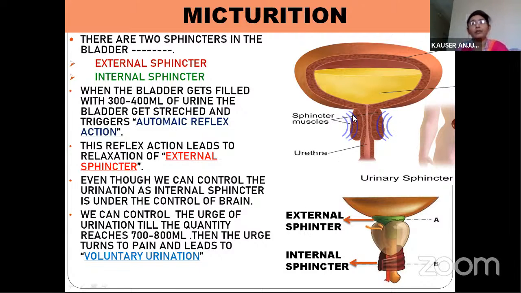In our body, there are few voluntary actions and few involuntary actions. Voluntary means which are in our control. Involuntary means which are not in our control. So this internal sphincter is not in our control, it is in the control of the spinal cord, and the external sphincter is under our control.